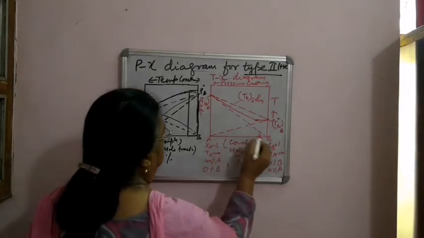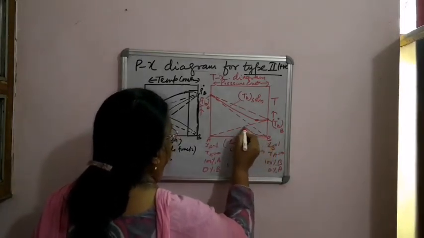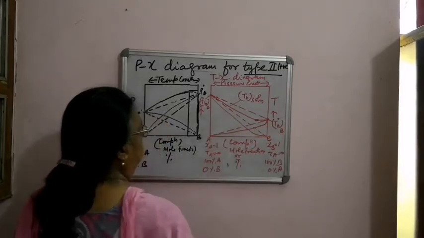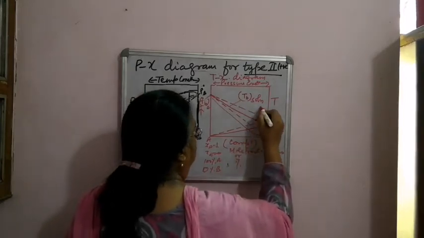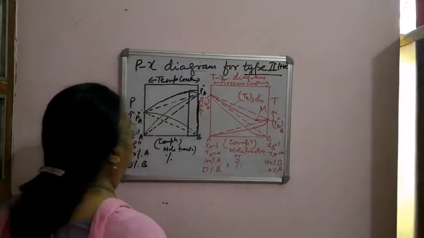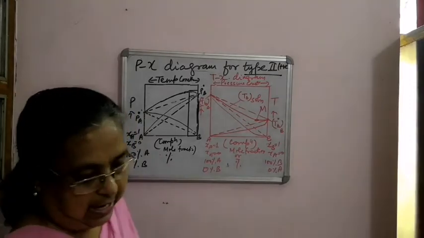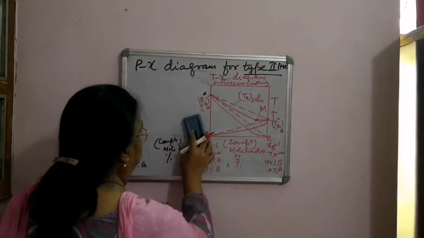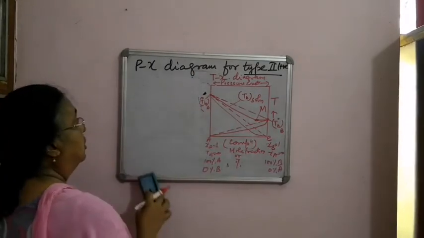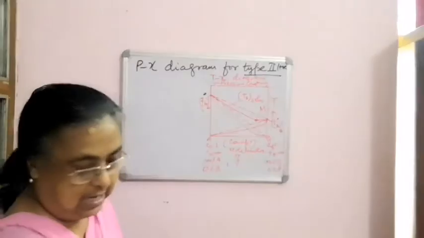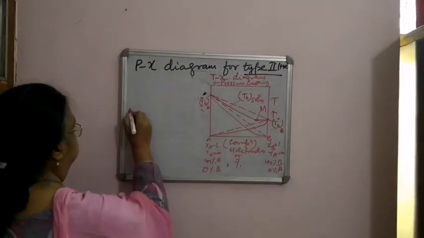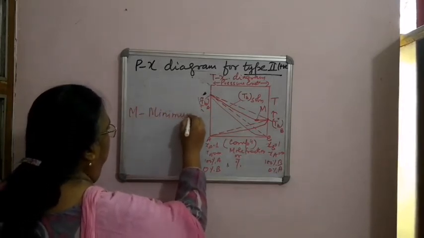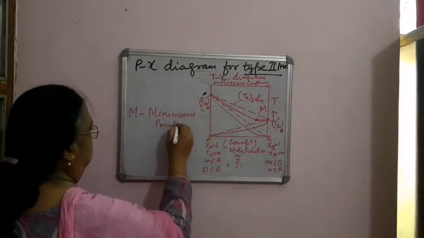So in that case we will have the graph like this. This point is marked with M. Now you can compare the two diagrams, and why I have drawn them parallel, you should know to recognize the composition. This one was Px, this is Tx, and point M is indicating the minimum point.